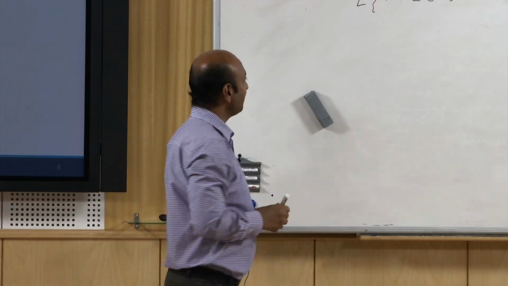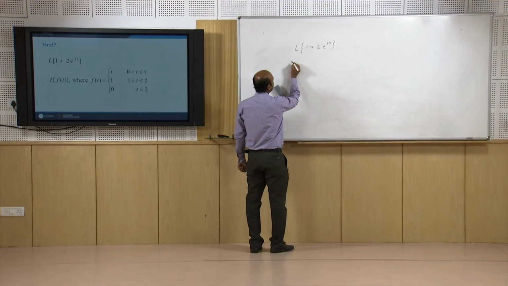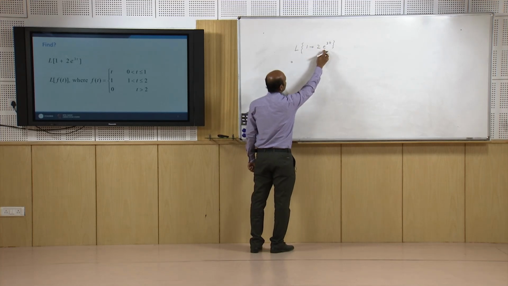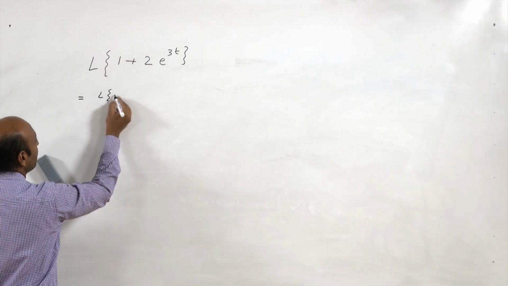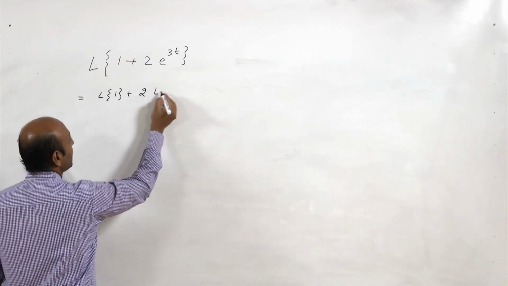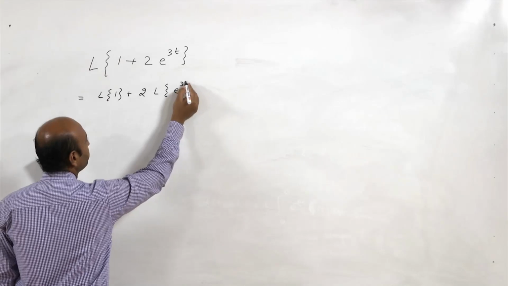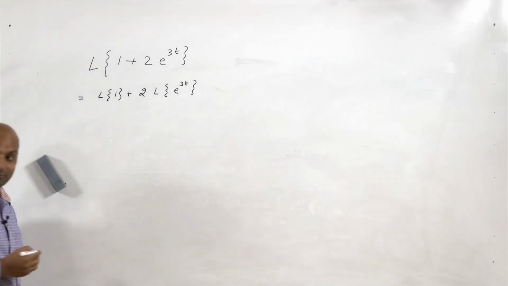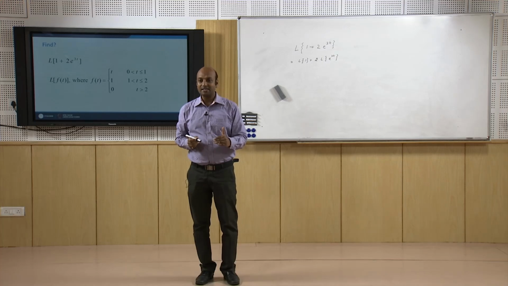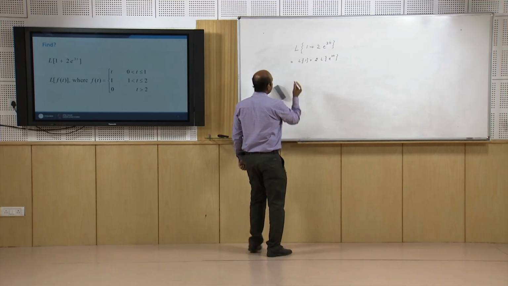So by the linearity property we can simply say that Laplace of f(t) plus a times g(t) is nothing but Laplace transform of f(t) plus a times Laplace transform of g(t). Now Laplace transform of 1, which we have already derived, is 1 by p.